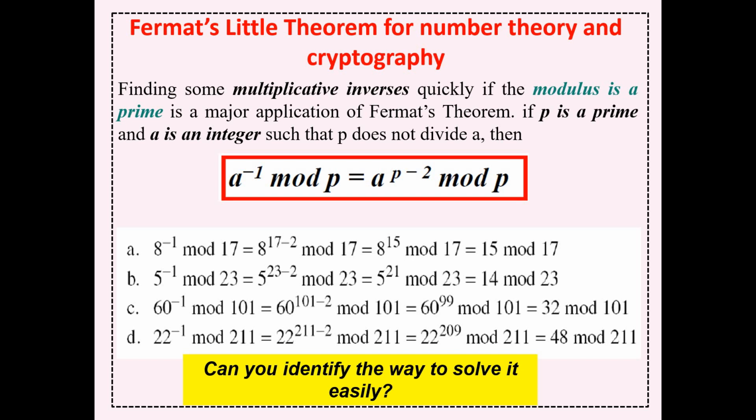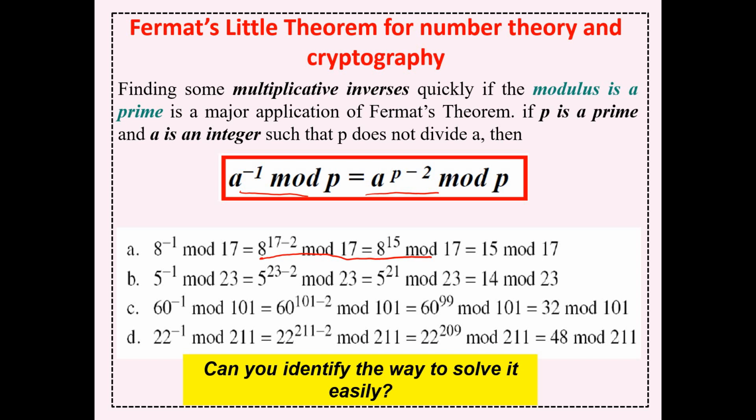If you remember correctly, the basic rule I told you is about the first line that you are looking at here. This part is nothing but the application of the rule itself, which says a to the power minus 1 mod p should be represented as a to the power p minus 2.